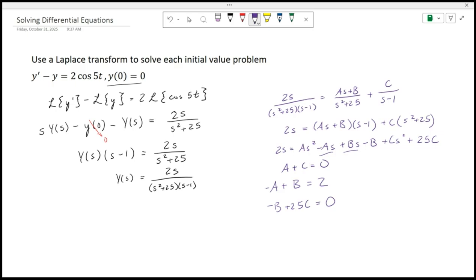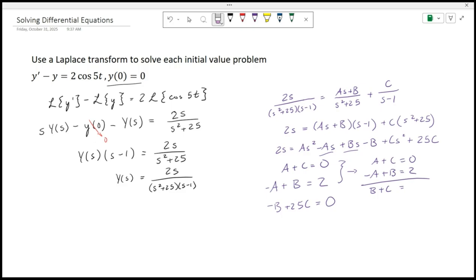It's a tricky one because no two equations have the same two unknowns in them. So I'm actually going to take these first two, add them together to cancel out the A, and then I'll have two equations with B and C in them that I can solve. Okay, so if I add those together, A plus C equals 0 and negative A plus B equals 2, I end up with B plus C equals 2.